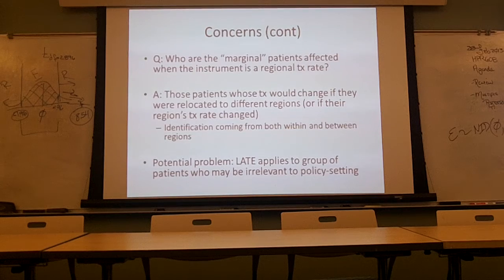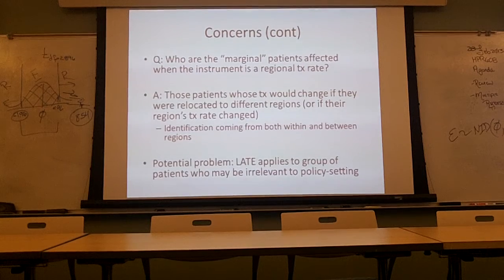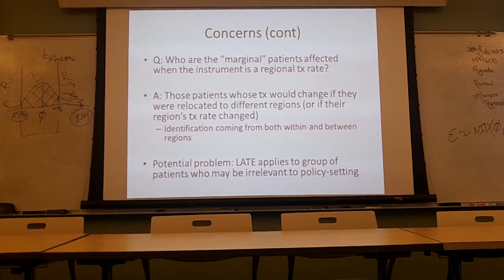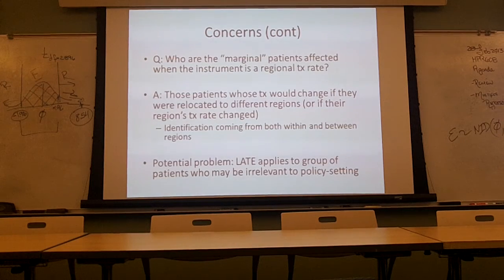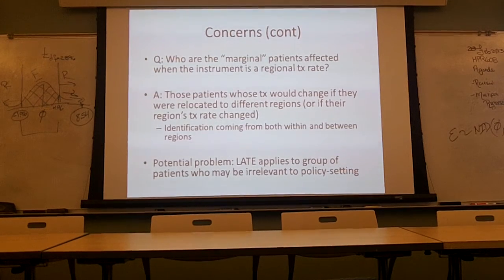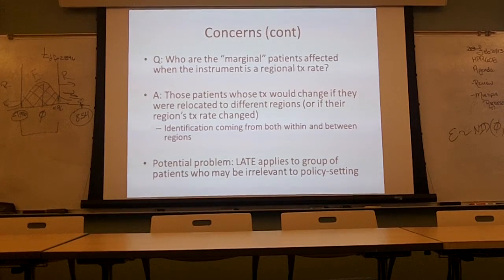Not only is that a hard, if not possibly impossible, subsample to identify in the data, to say you are not one of these patients at risk, it also raises the question of so what? So you found a causal effect. Do you care about the subpopulation that you're talking about? Is this the subpopulation of patients that we can do anything about?